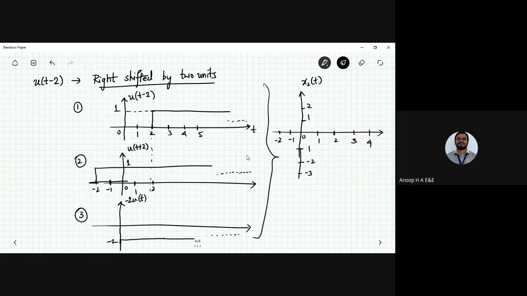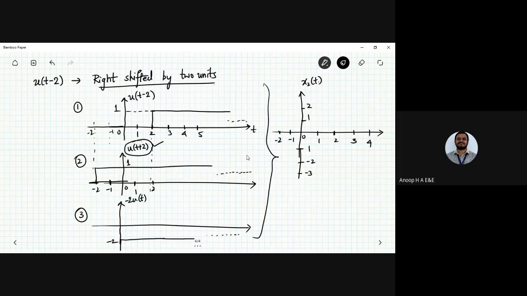So what I'm going to do here is observe at each and every instant of time. Let me observe starting from minus 2. As we observe, u of t plus 2 is the value which is shifted towards the left, to be more precise, t less than 0.